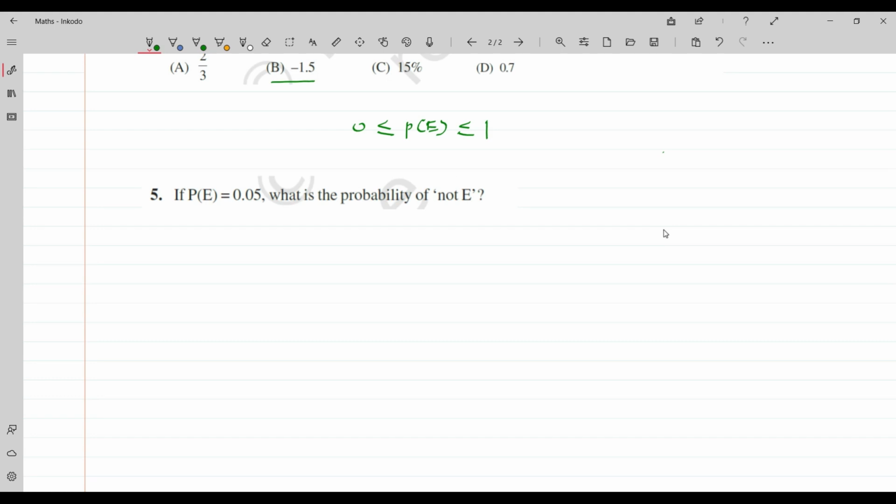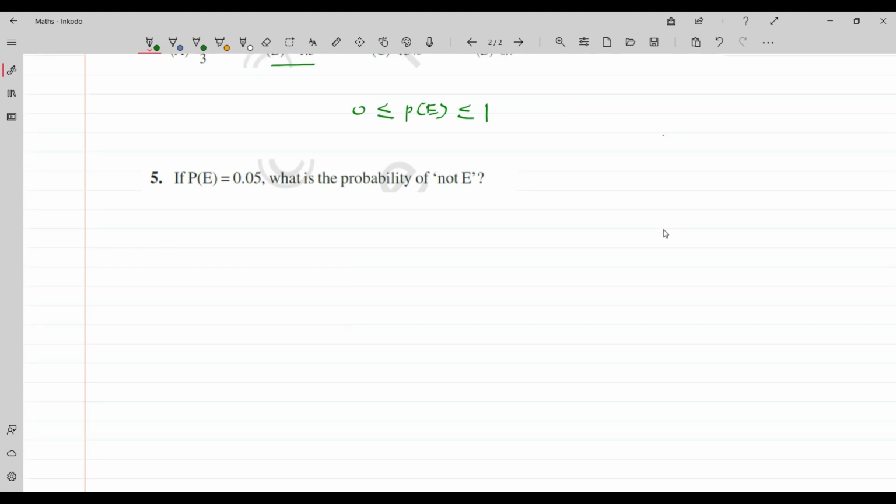If P of E equals 0.05, what is the probability of not E? We know that P of E plus P of E dash is equal to 1.